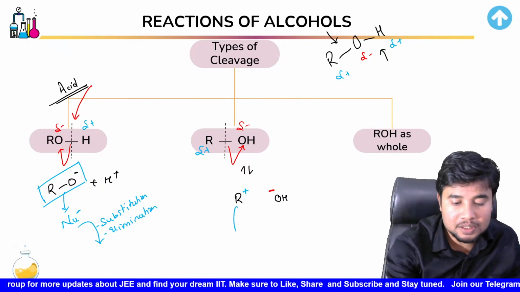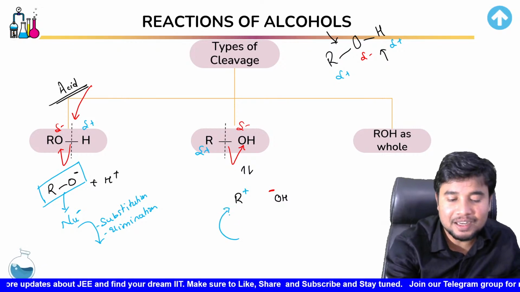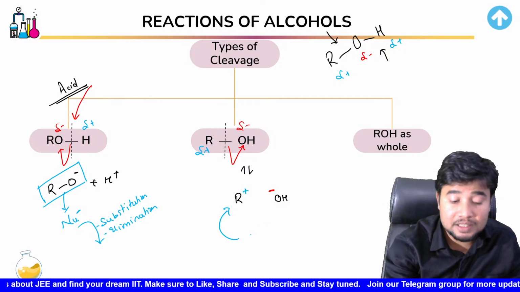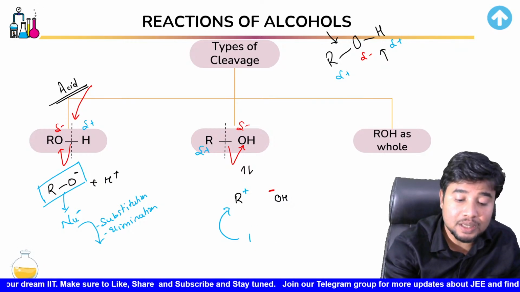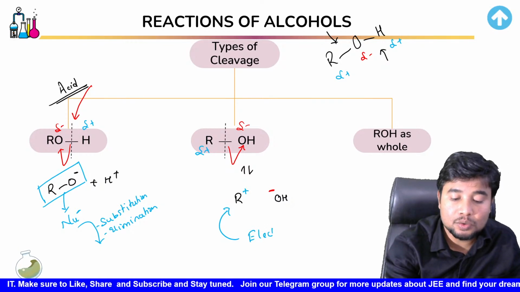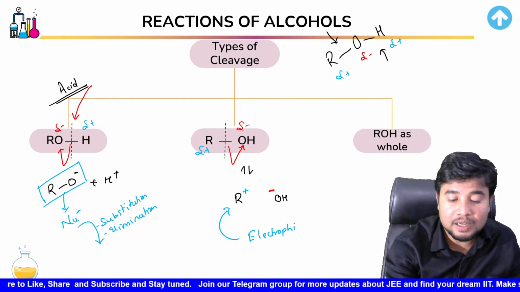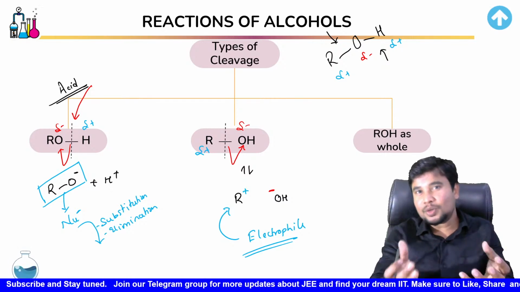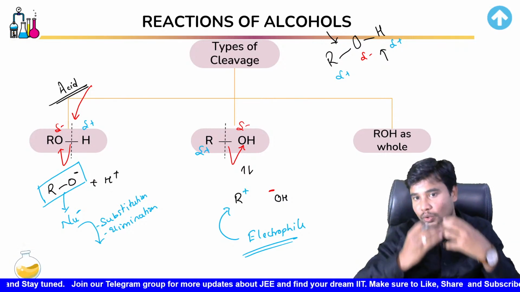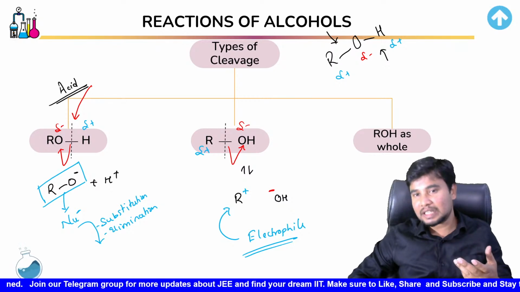Now here, because a carbocation is generated, it can't attack any other species. Instead, it would get attacked by the nucleophiles. What it actually is, is simply an electrophile. Because this carbocation is an electrophile itself, it would seek a center that has a lot of electron density. Why would it seek that?